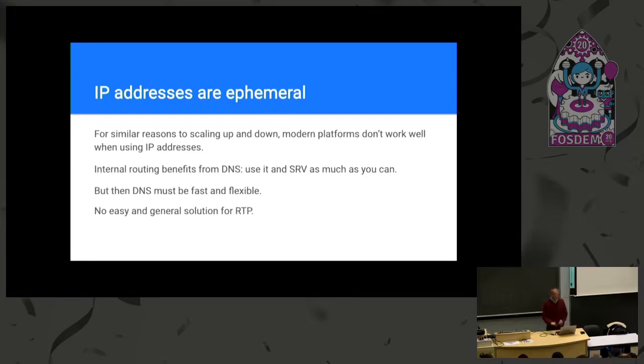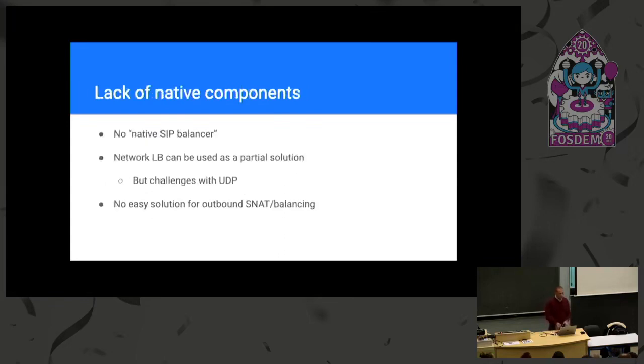And we'll see later a little bit what Rosenberg has been proposing recently in relation to this. So in general, we have a lack of native components for VoIP in cloud infrastructure. And in particular, we don't have what we would like to have, which is basically just a SIP load balancer.